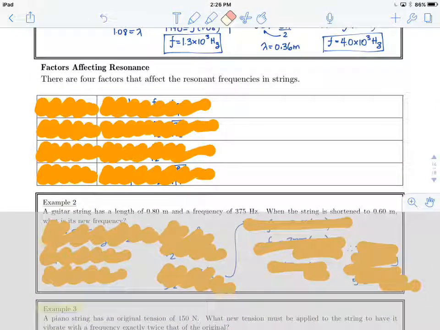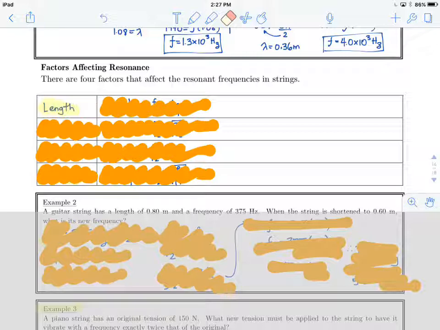Now, factors that affect resonant lengths. We've kind of seen what those frequencies are. We've seen standing waves and what they look like. Now what we would like to do is look at the factors specifically that affect the frequencies on strings. The first is length.